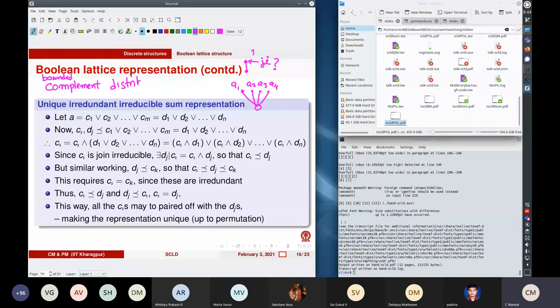So can you have irreducible elements somewhere in between? Note that in this situation you have unique complements.